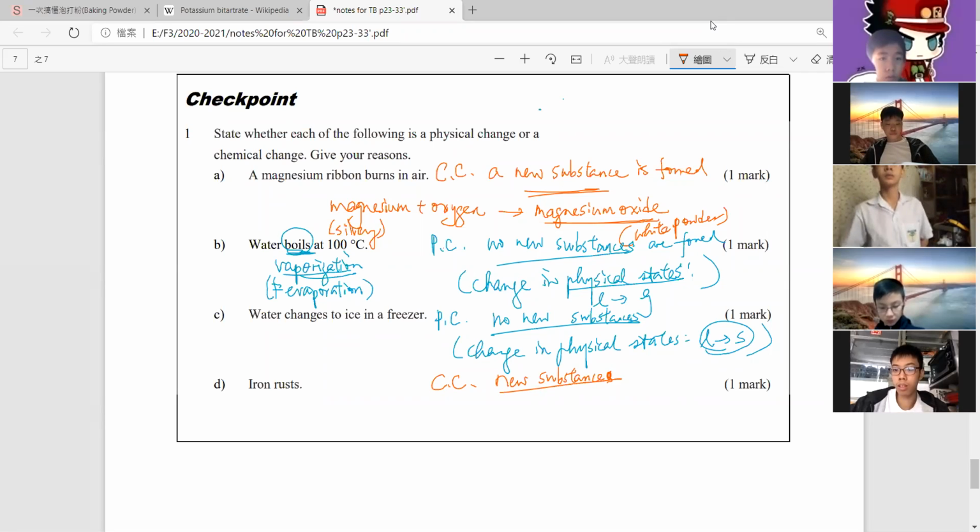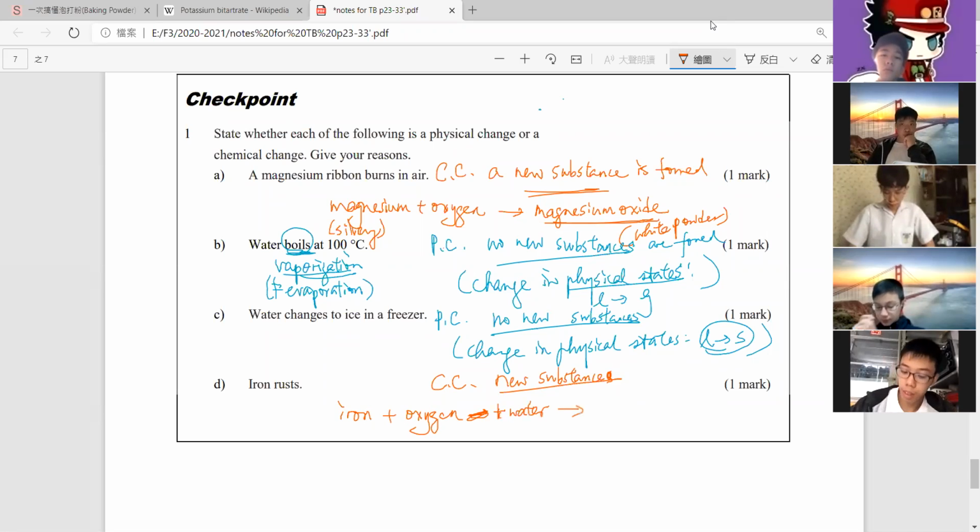A new substance is formed. So the chemical equation is a little bit complicated. Iron plus oxygen and water form a new compound. The new compound, we call that rust. While for the chemical name, it is not called rust.